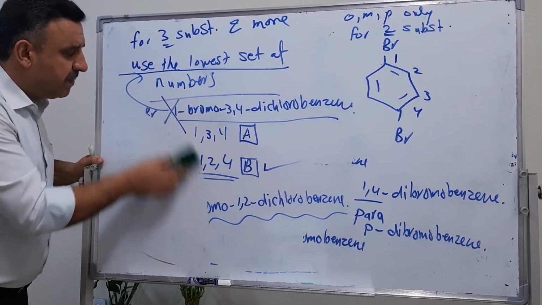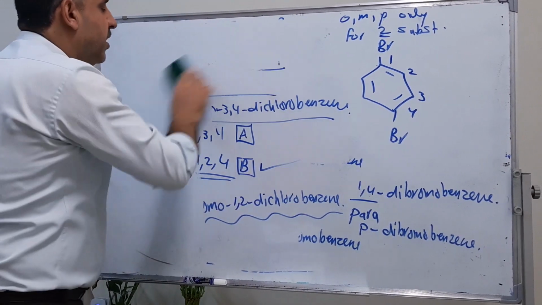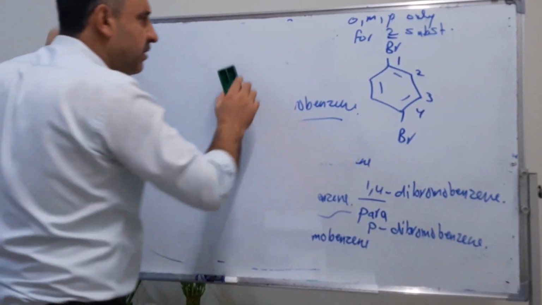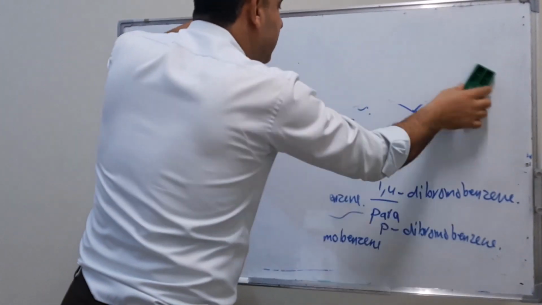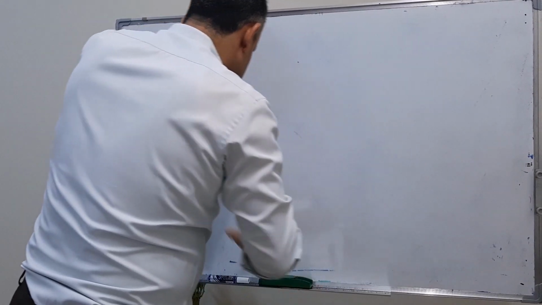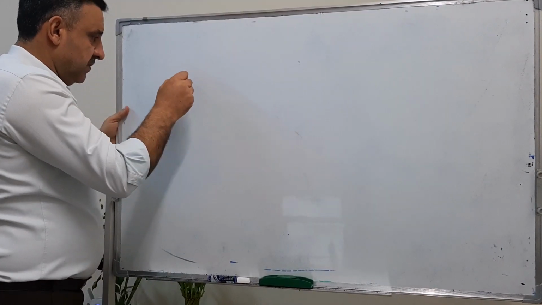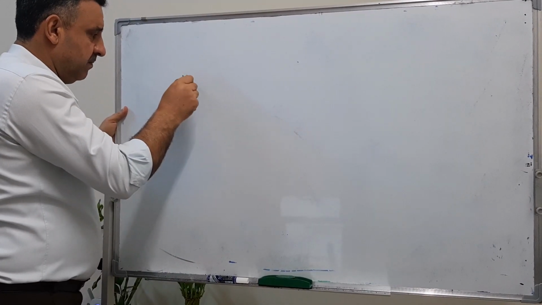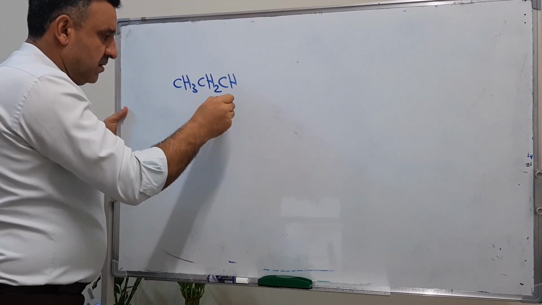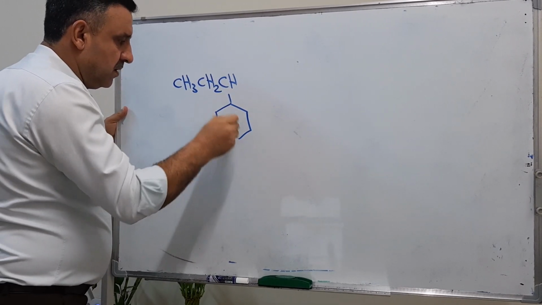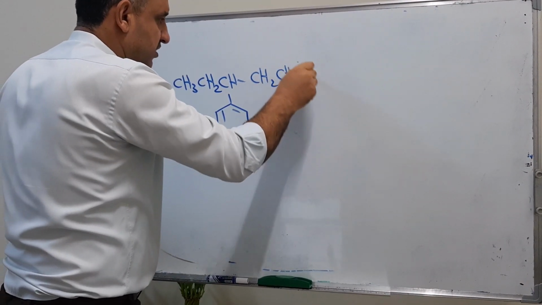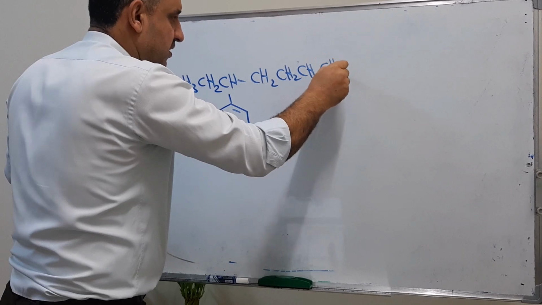Now, the other point here, when we have the benzene as such, or when we should use the benzene as a substituent, then what should we do? For example here, suppose you have CH3, CH2, CH, attached to CH2, CH2, CH2, CH3.